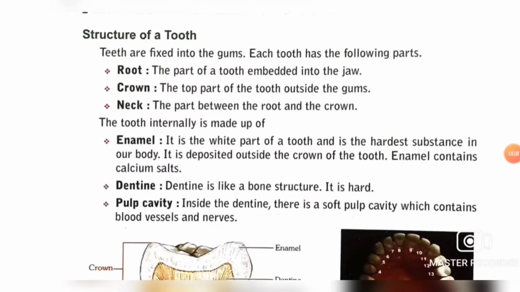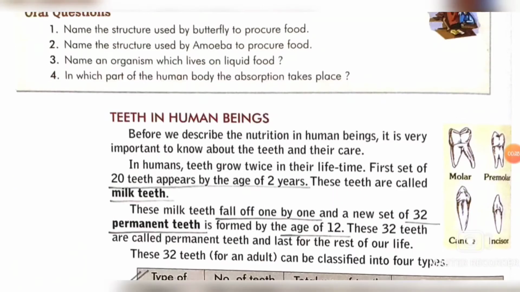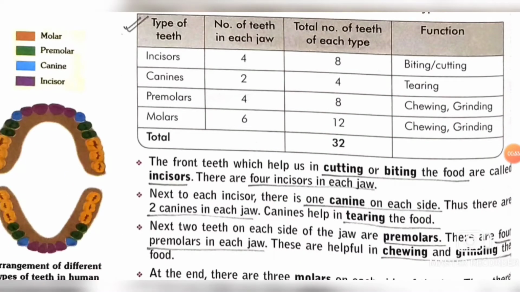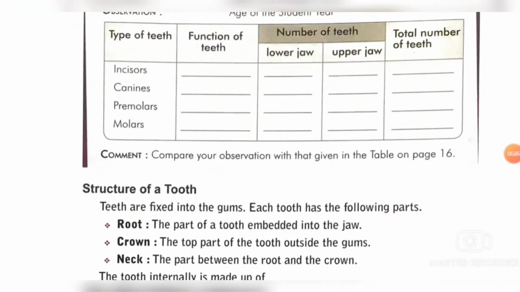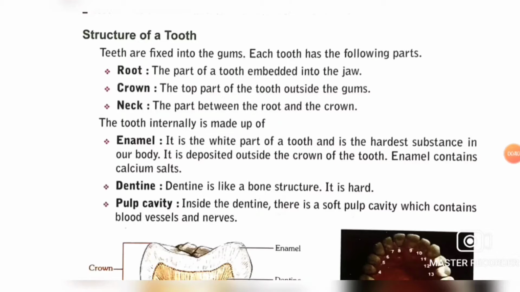As all of you know, in the previous lesson we discussed nutrition and the various steps involved in the nutrition process, and we also discussed the basic information about human teeth, how many types of teeth and what their numbers are, right? So in this lesson we will discuss the structure of our teeth and also the care for teeth.